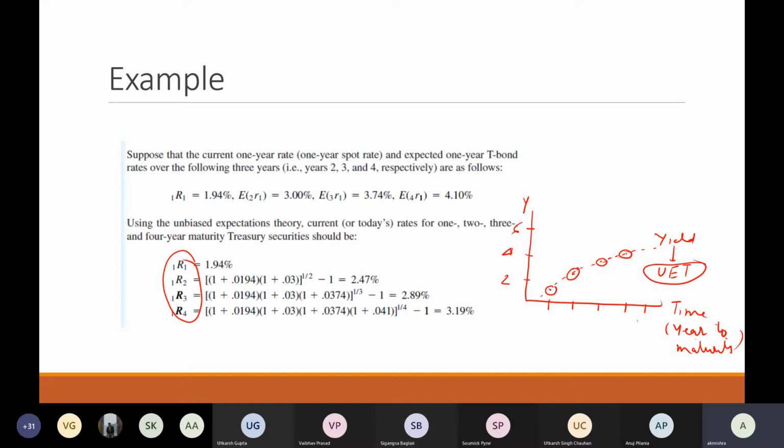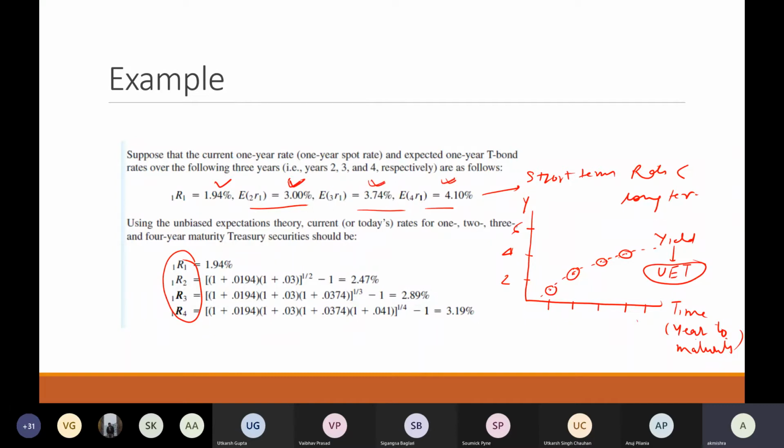So basically what this theory is saying is that this yield curve represents the expectation about the future interest rate. You see what we are assuming: that short-term rate is lower than long-term, and that's why for 1 year it was 1.94%. For the next 1 year it is 3. For another 1 year it is 3.74.